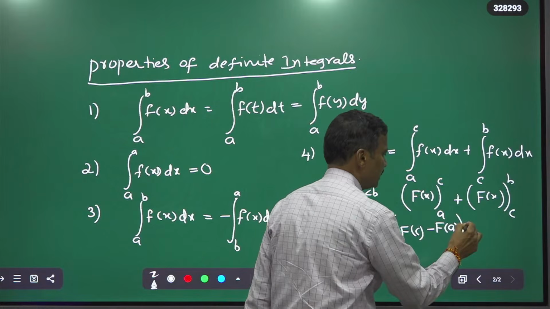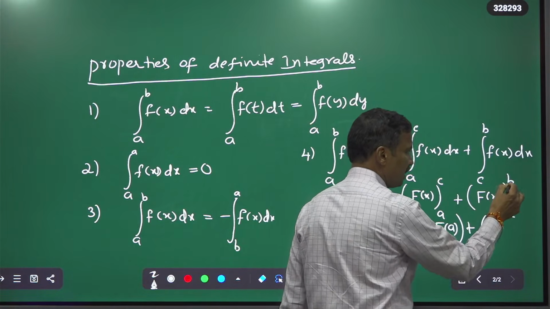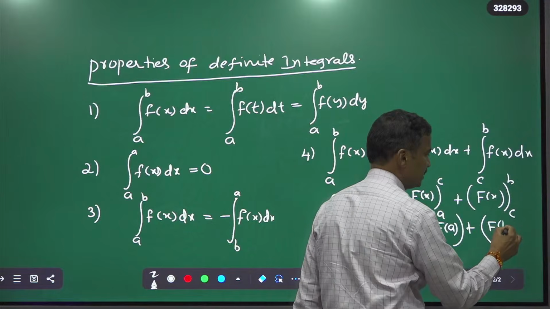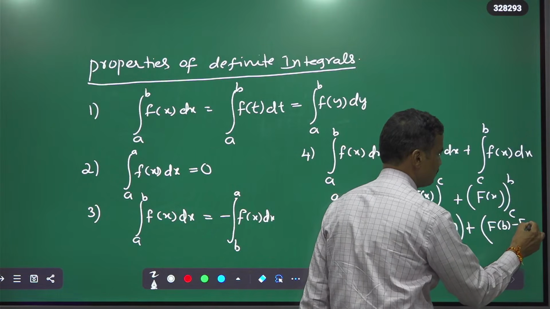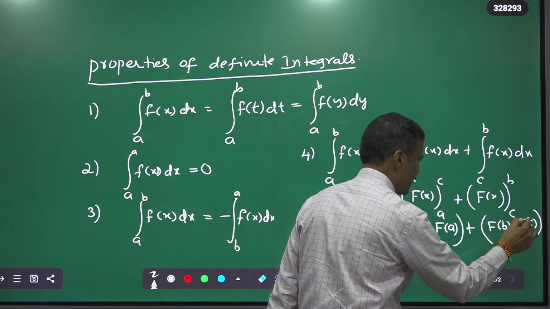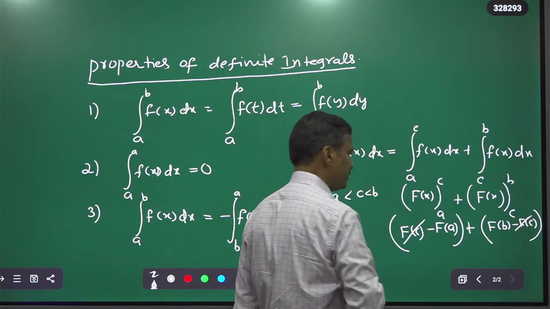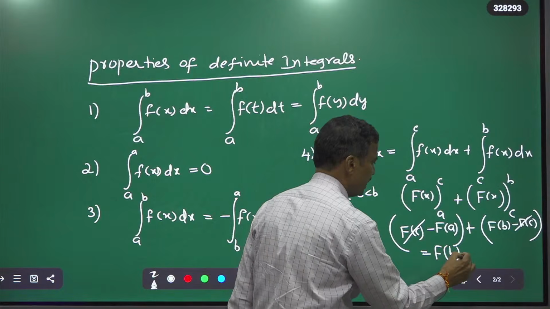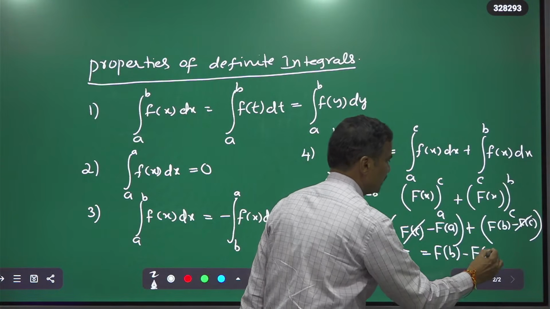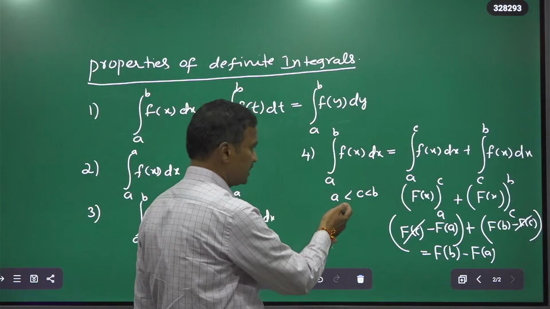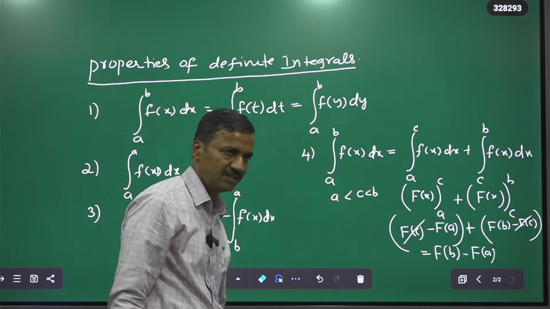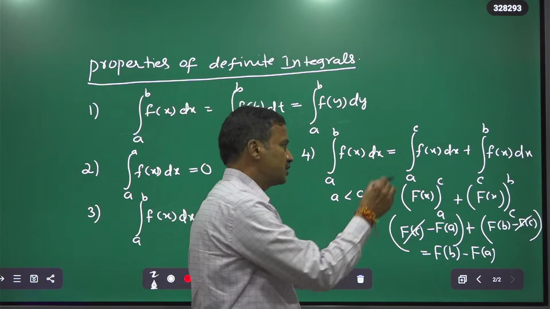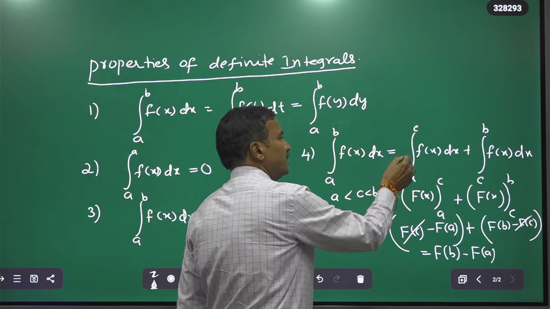Similarly, in the second integral, the upper limit is b, so it is F of b minus F of c. The minus F of c and plus F of c get cancelled. Therefore we get F of b minus F of a, which is nothing but the integral of a to b f of x dx.